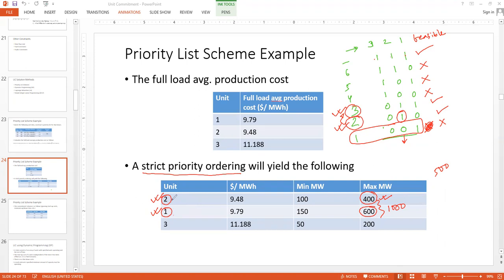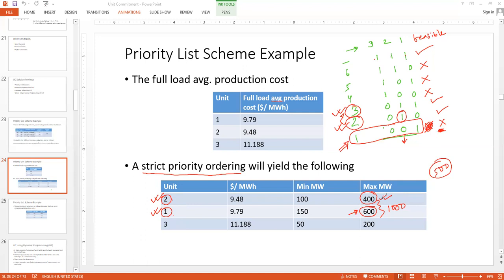Although we could ask, what is the problem if I choose state number 1, because in state number 1, unit 1 is on, and the maximum capacity is 600 megawatt, which is well above the load demand of 500 megawatt. But as I explained earlier, this is not a feasible state.